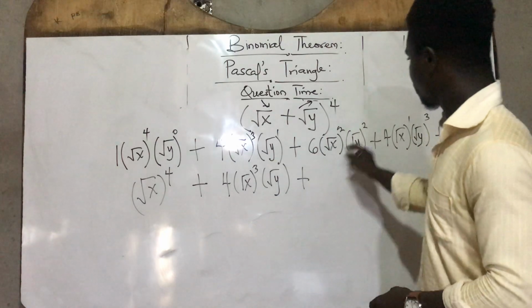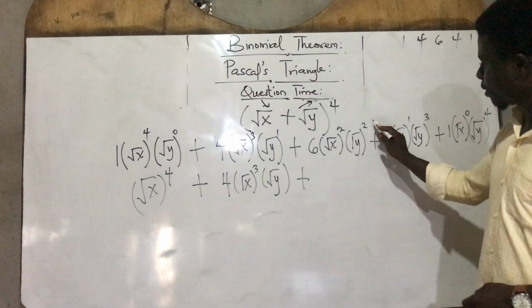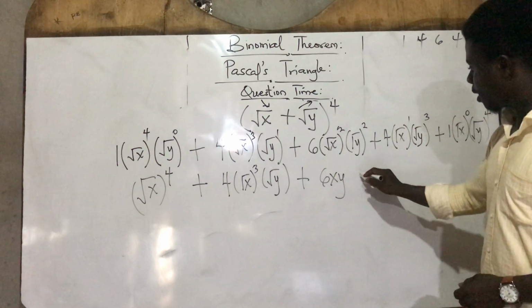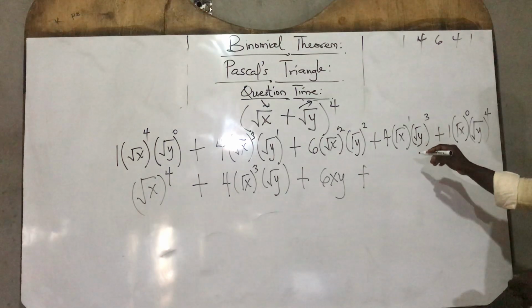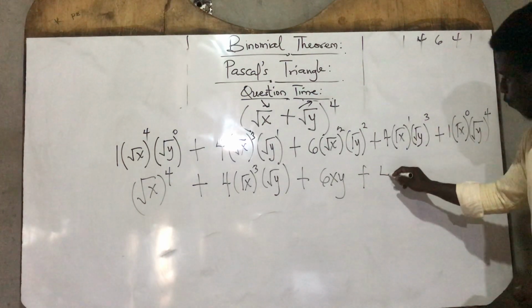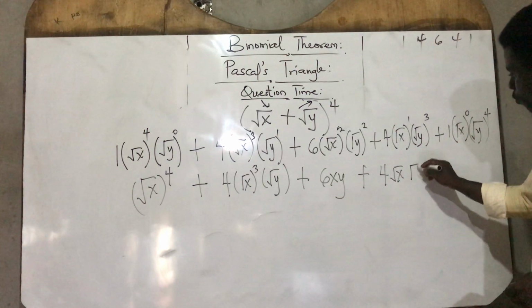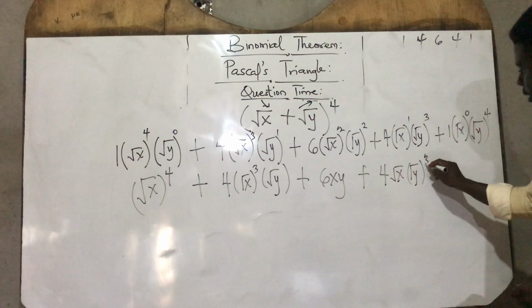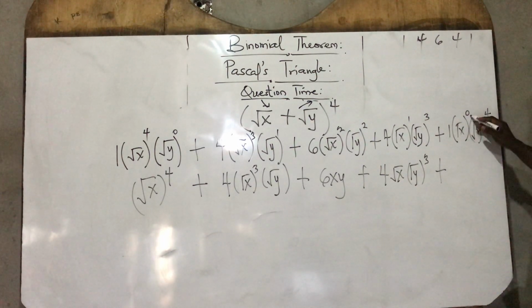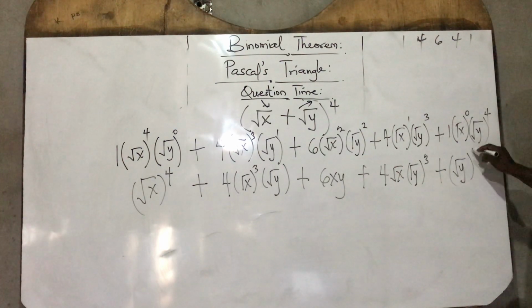Then plus here, this one removes the square root, this one too removes that, so I'll get 6xy. Then plus here is the same thing as square root of y because it's 1, so I'll get 4 square root of x, then square root of y to the power 3. Then plus, this one is 1, this one is also 1 because it's to the power 0, so I'll get square root of y all to the power 4.